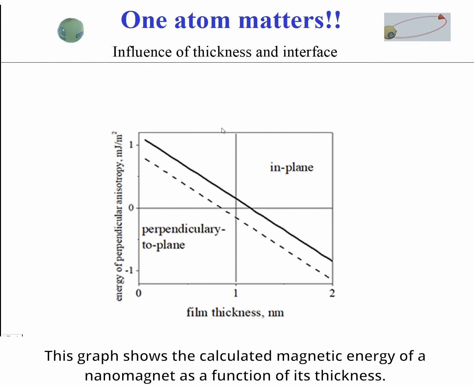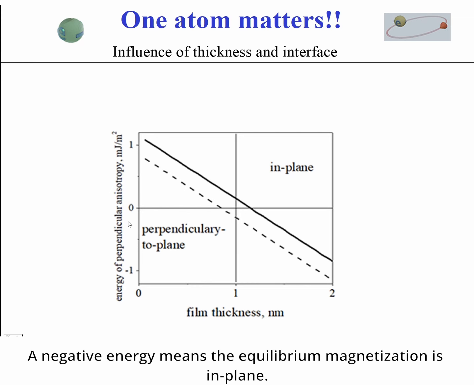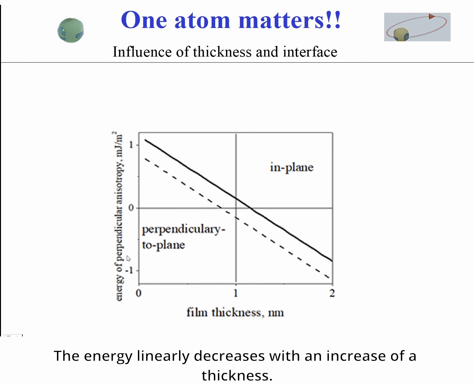This graph shows the calculated magnetic energy of the nanomagnet as a function of its thickness. A positive energy means the equilibrium magnetization is perpendicular to plane. A negative energy means the equilibrium magnetization is in plane. The energy linearly decreases with increase of thickness.